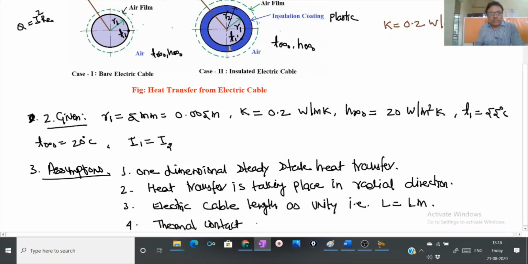Thermal contact resistance is negligible.